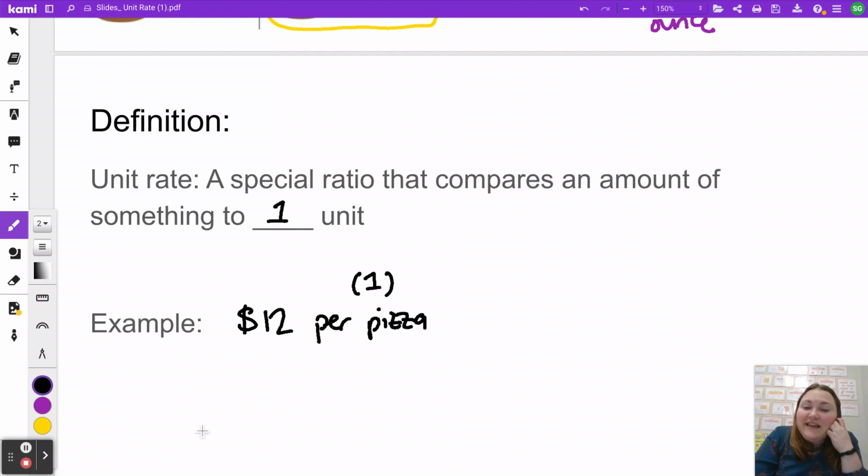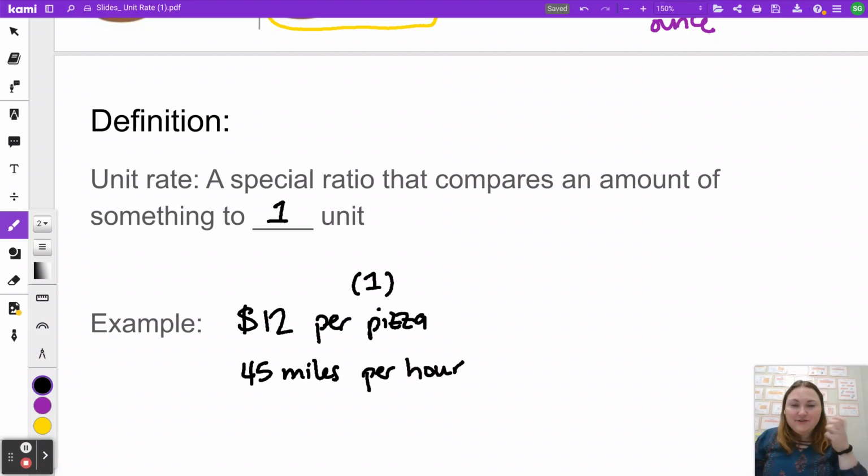When you're driving and you see the speed limit says 45 miles per hour, that is a ratio because you're talking about how many miles you can go in a number of hours. But specifically, speed limits are saying you can go 45 miles in 1 hour. That is a unit rate because it's got that 1 again.